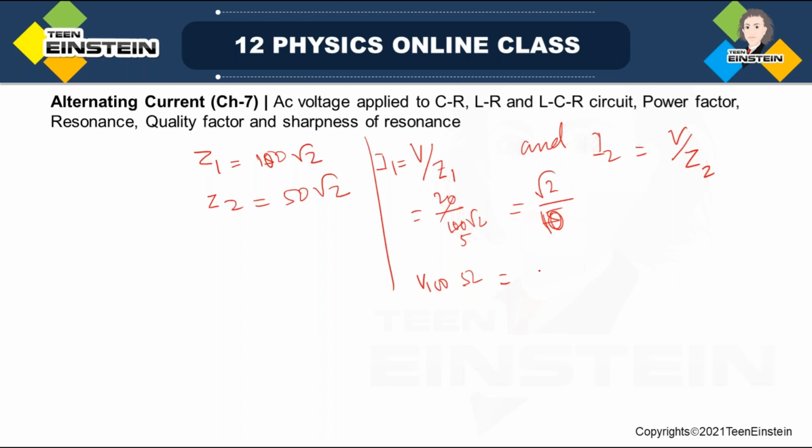Voltage across 100 ohm will be, sorry, this will be I1. V100 is 100 into I1. 100 is the resistance.